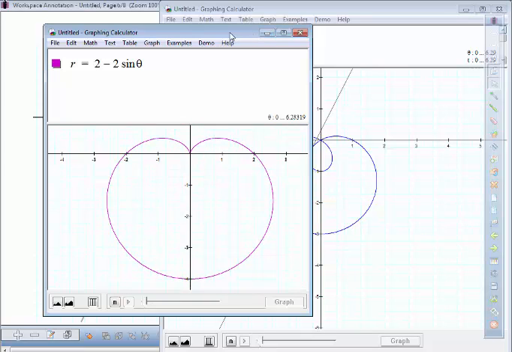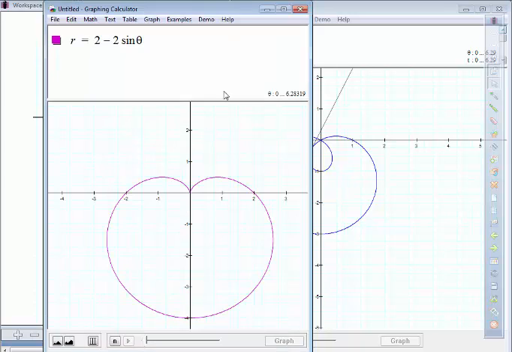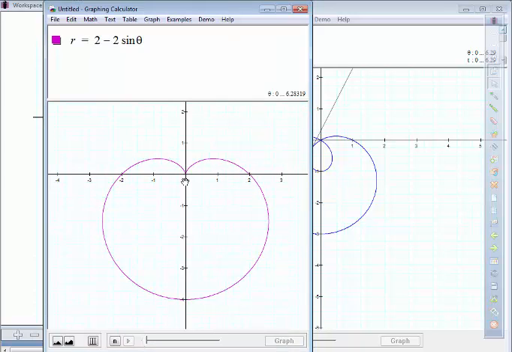Hey, Valentine's Day is coming up. You can make some polar coordinate functions and give it to your Valentine and say, hey, let's go polar tonight. Whatever that means, I don't know.